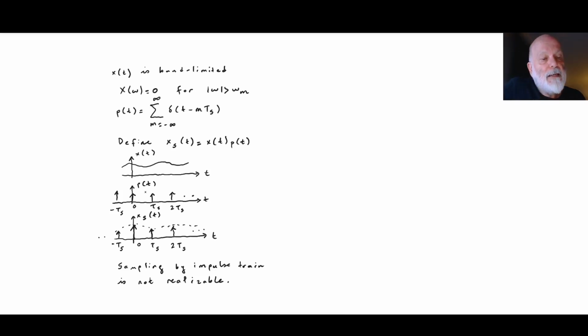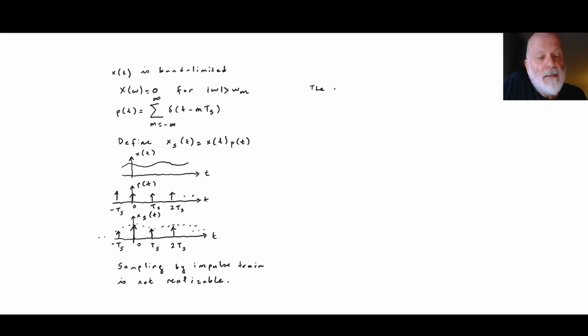We just measure the value of the signal and keep that constant value for ts time units, and then measure again and keep it for the next ts time units. So this is called the sample and hold approach.